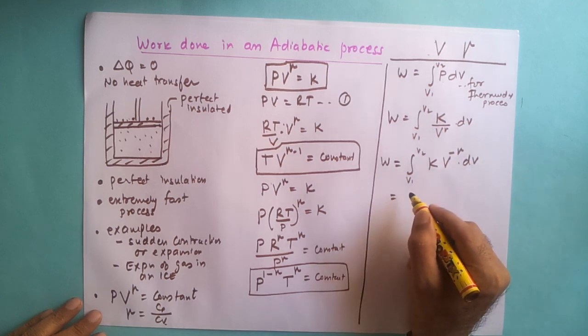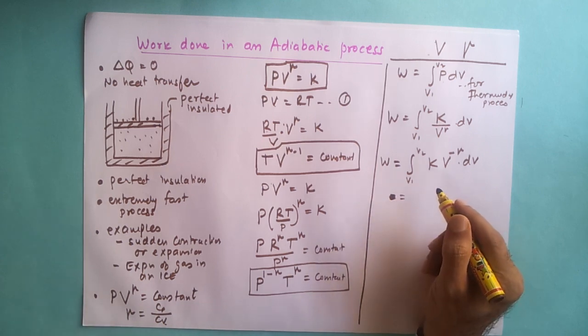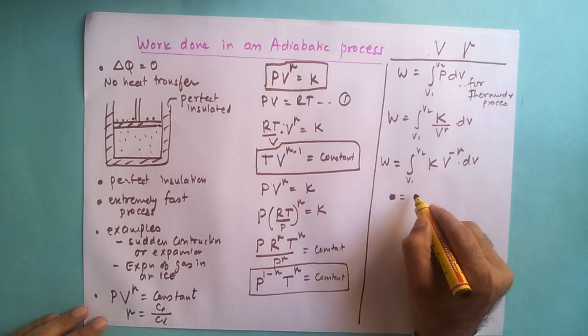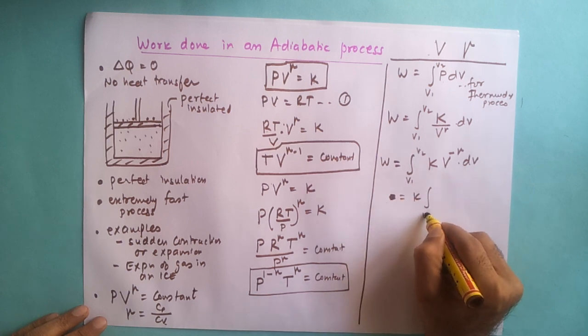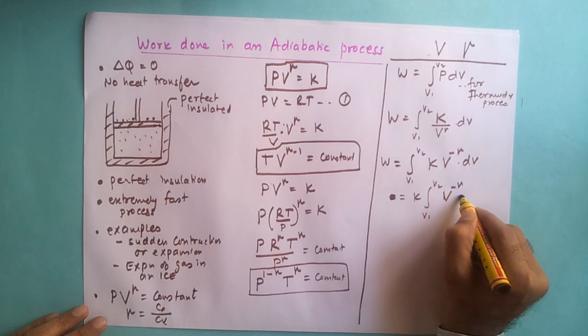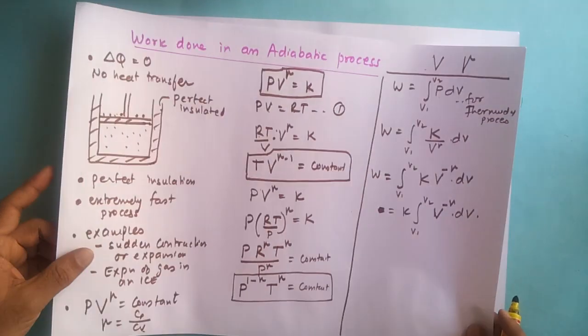I can take K out of the integral and get the integration from V1 to V2 of V raised to minus gamma dV. Okay, so let's move further.